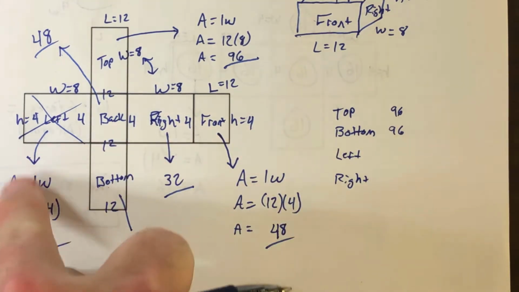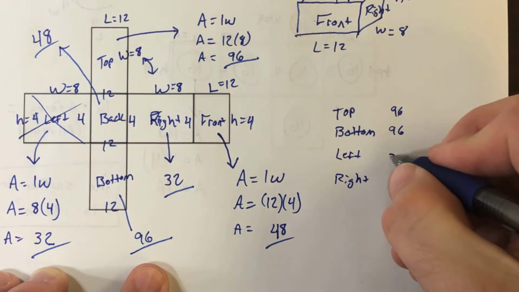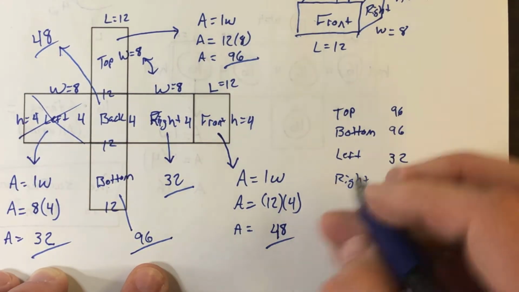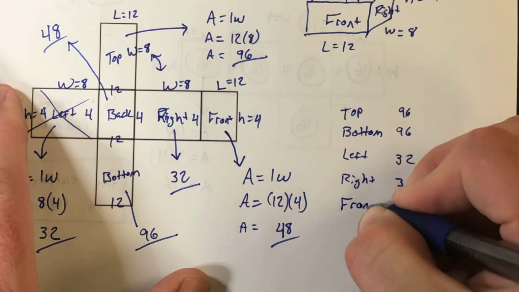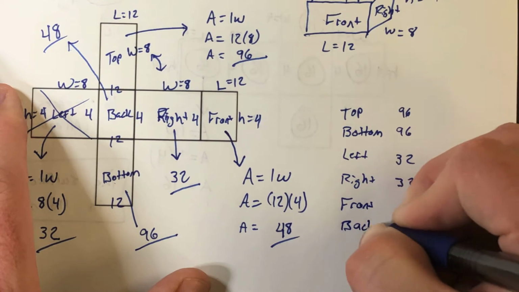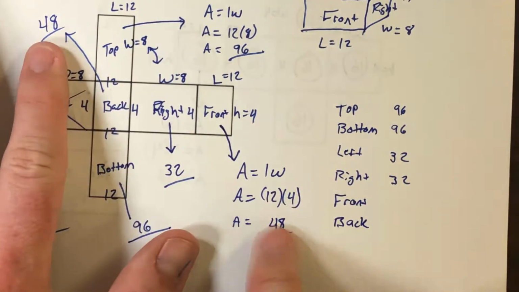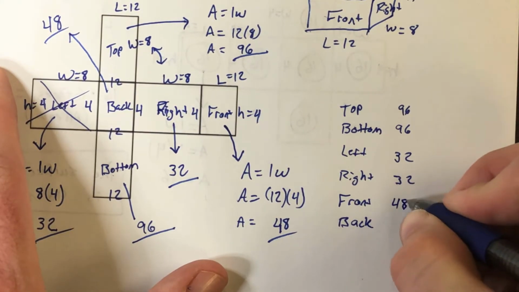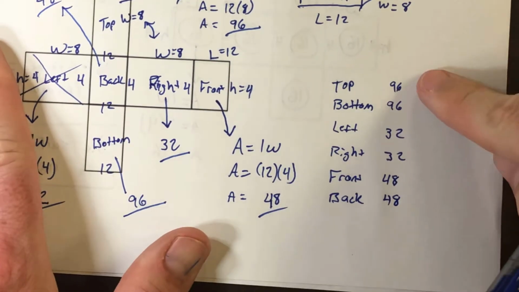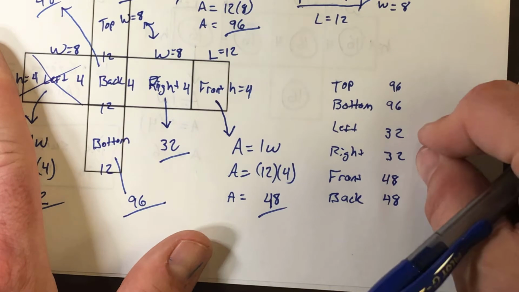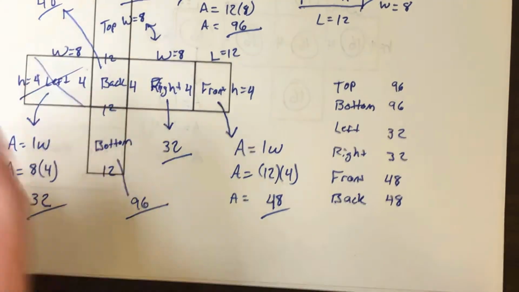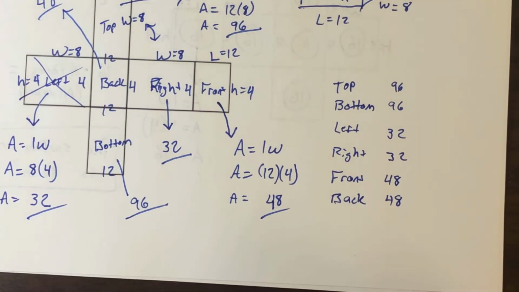They're both 32. And then I have the front and back rectangle. And they're both 48. And this is like a last minute check. Do I have 2 matching numbers for each? Top and bottom, left and right, and front and back. If I see a difference in there, it means I messed up and I need to fix it.